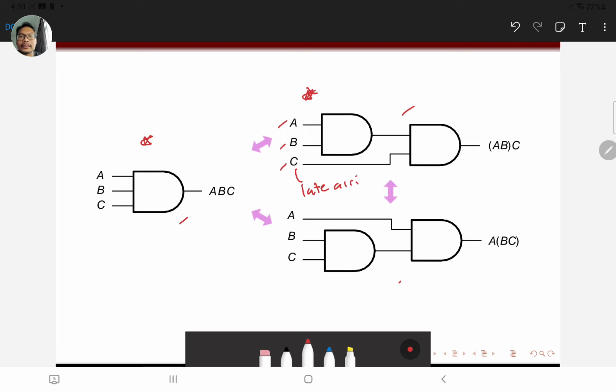If you can imagine a late arriving C, it will be better here, since there's a gate delay here. If it is late arriving, as soon as it arrives, it can straight away compute, as compared to here, where if this is late, then the whole thing is late.